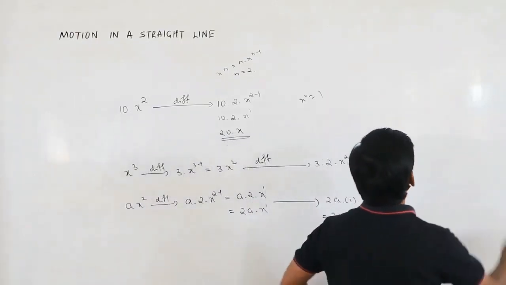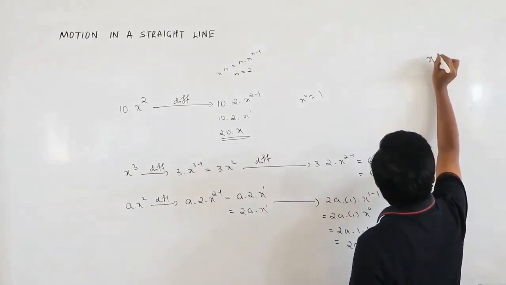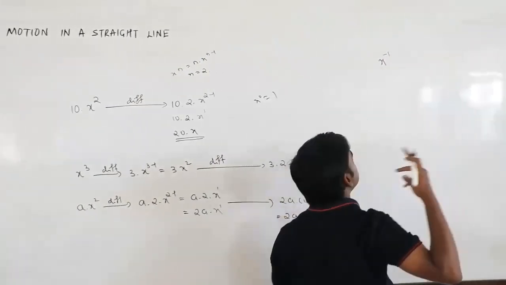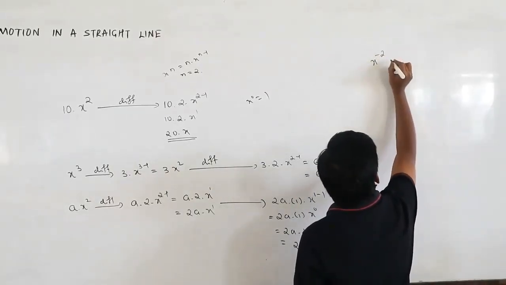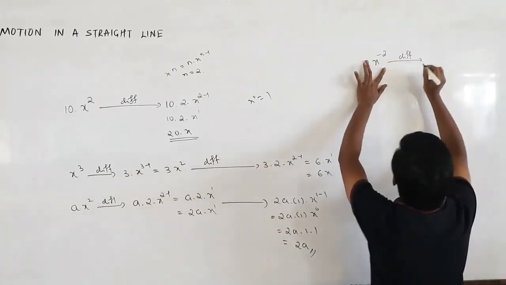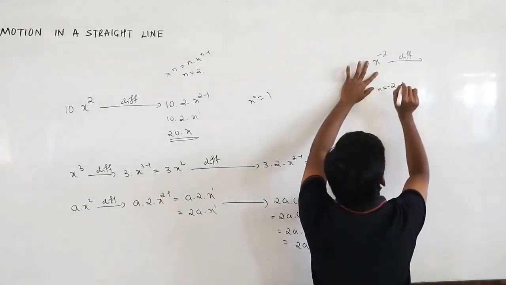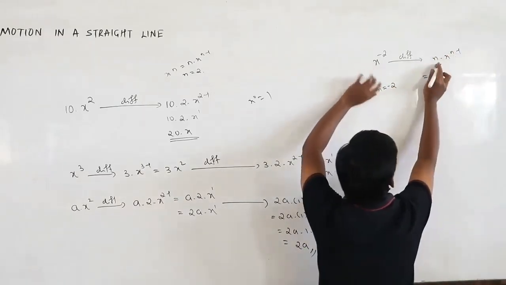So then you may ask me, if it is say x raised to minus 1 or x raised to minus 2, what you have to do? Simple. So differentiate. N equals what here? N equals minus 2. So write n into x raised to n minus 1. So n is minus 2.